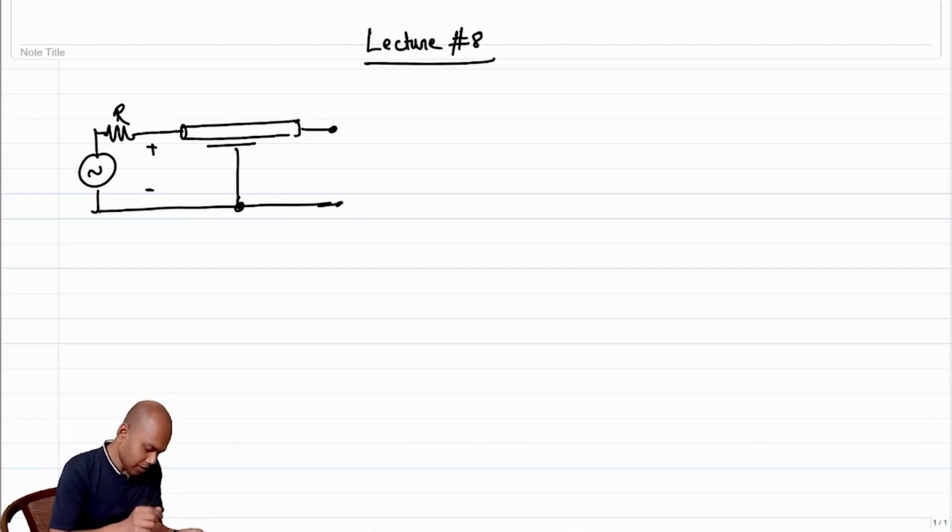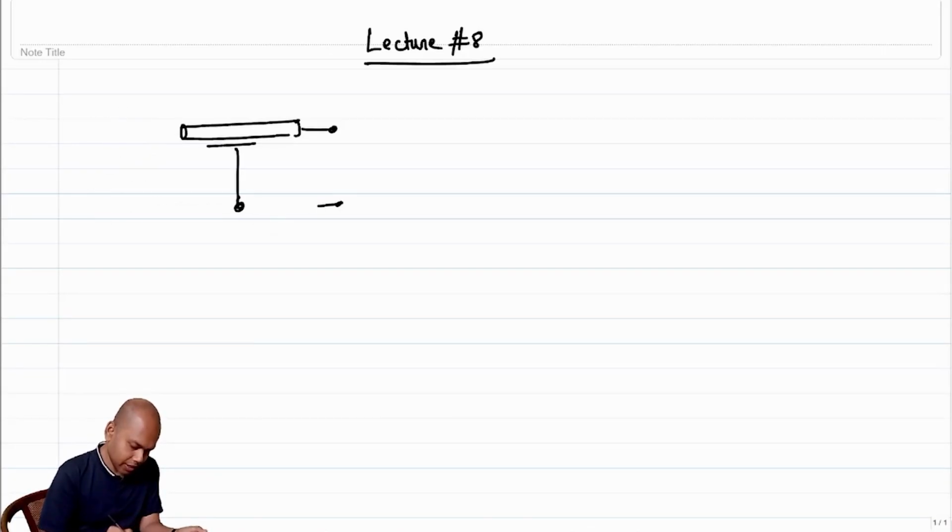Now in this lecture, what we would like to focus on is what happens if the line is not open circuited. Let's say I have a transmission line terminated with an impedance, or let's keep it simple and say it is terminated with a resistance RL.